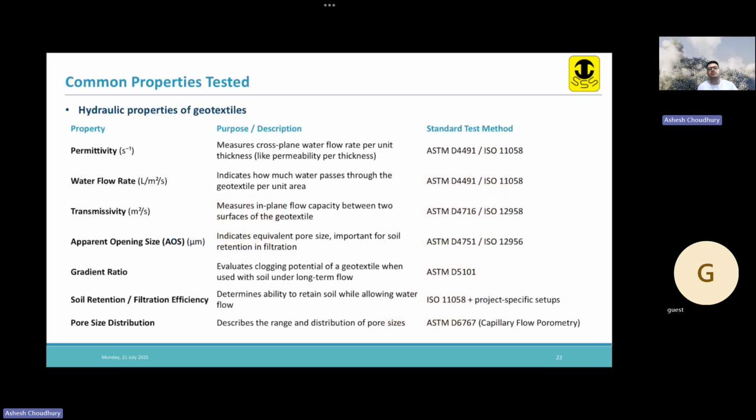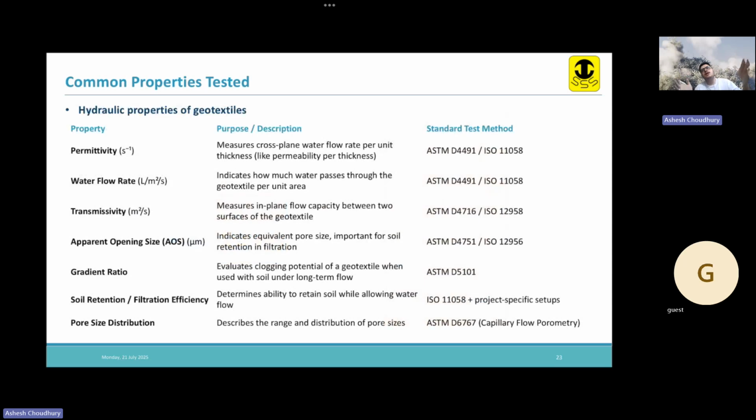The gradient ratio test is done as per ASTM D5101. So the gradient ratio test helps us establish whether there is compatibility between a soil and a particular geotextile, and whether that geotextile can be used for the long term for that particular soil to retain it, for use as a filter. Okay. So it evaluates the clogging potential.